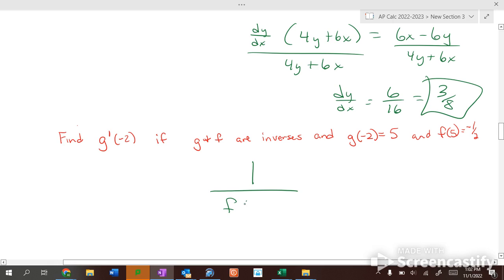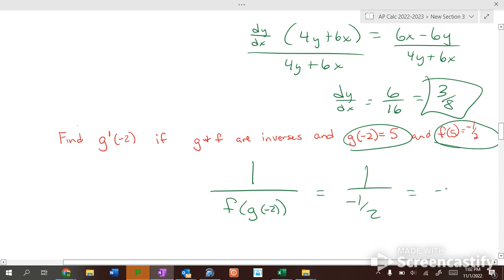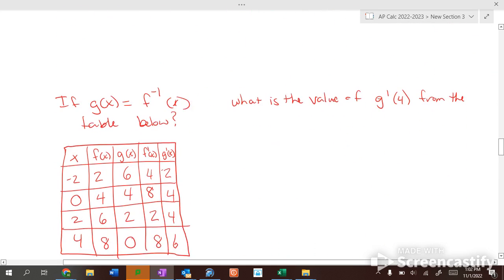It's the first derivative of f of g, right? Yeah. So then G of -2 leads to 5, which F of 5 leads to -1/2. So it's 1 over -1/2, which is -2, right? Yeah, that's what I said. You just put 1 over.